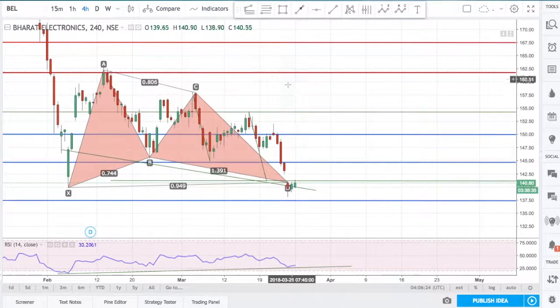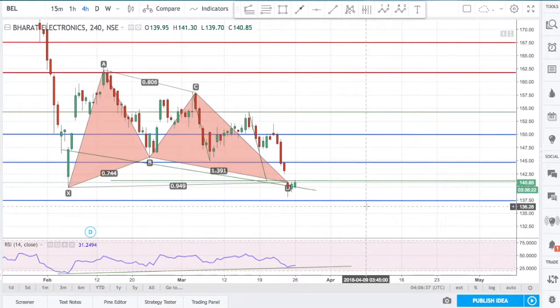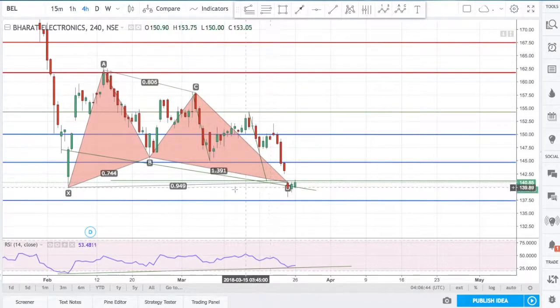So we have got this ABCD pattern which lines up perfectly with the termination point on the Gartley pattern, a Fibonacci confluence which, it's not perfect, but almost lines up with the termination point, a decent enough RSI divergence.